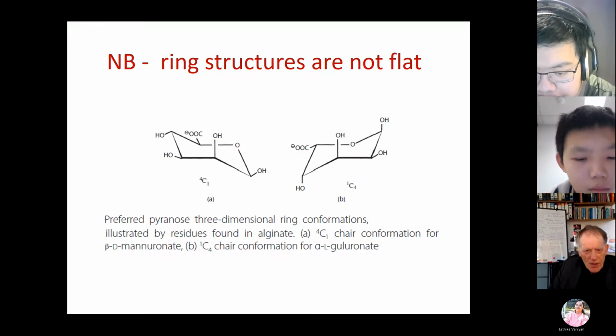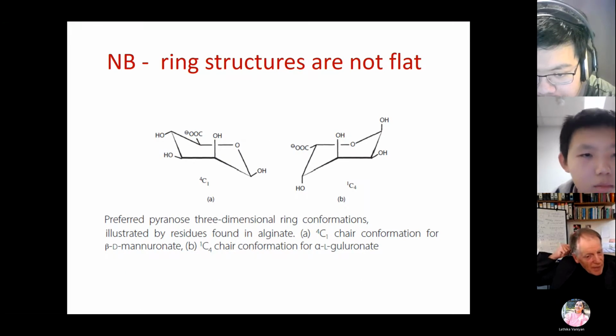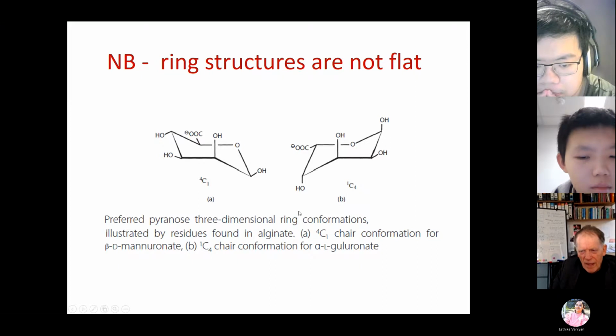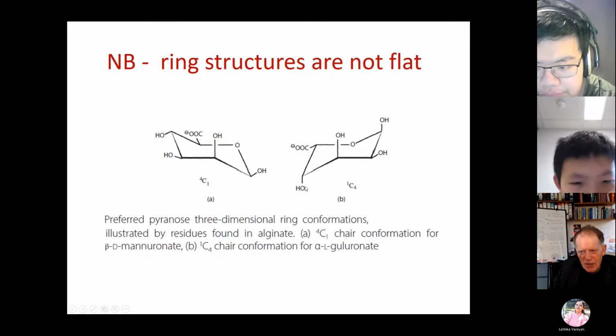And it's important to note that the ring structures themselves are not flat. Again, you'll see this in the Phelps video. So these are what's called the chair conformations. So this is carbon atom number 1 here.